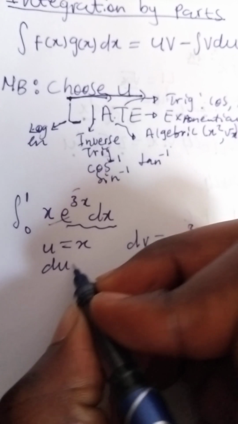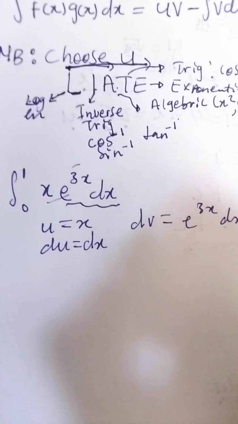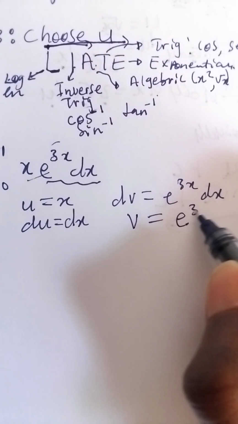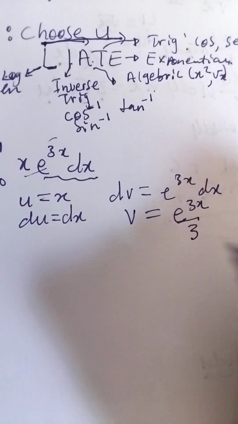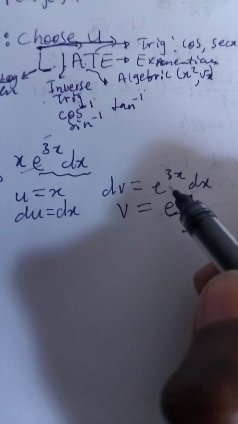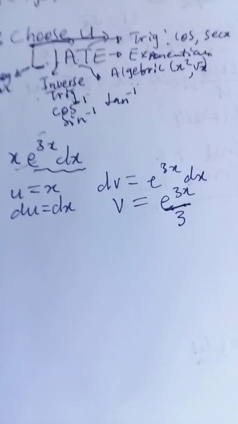Then let's solve that. du will therefore be equal to dx, because the derivative of x is basically equal to 1, isn't it? Then here v is equal to e to the power 3x divided by 3. So don't make that mistake. Remember, on dv we are integrating, so don't come here and differentiate. Integrate. When we are integrating, we have to divide by that 3.